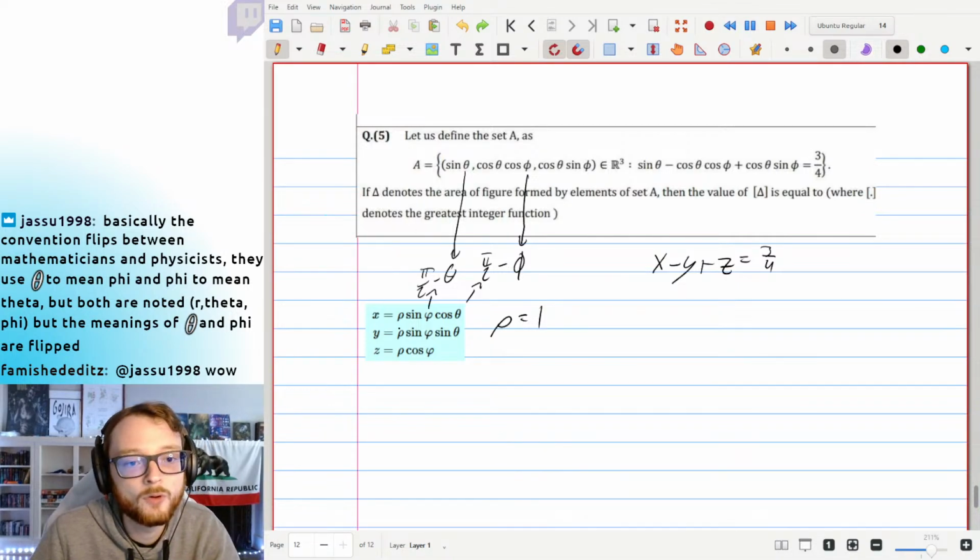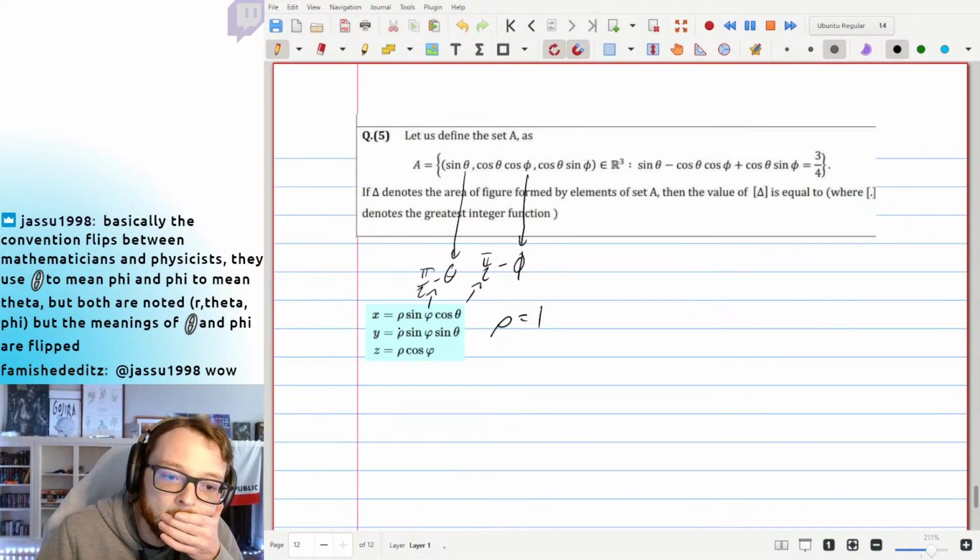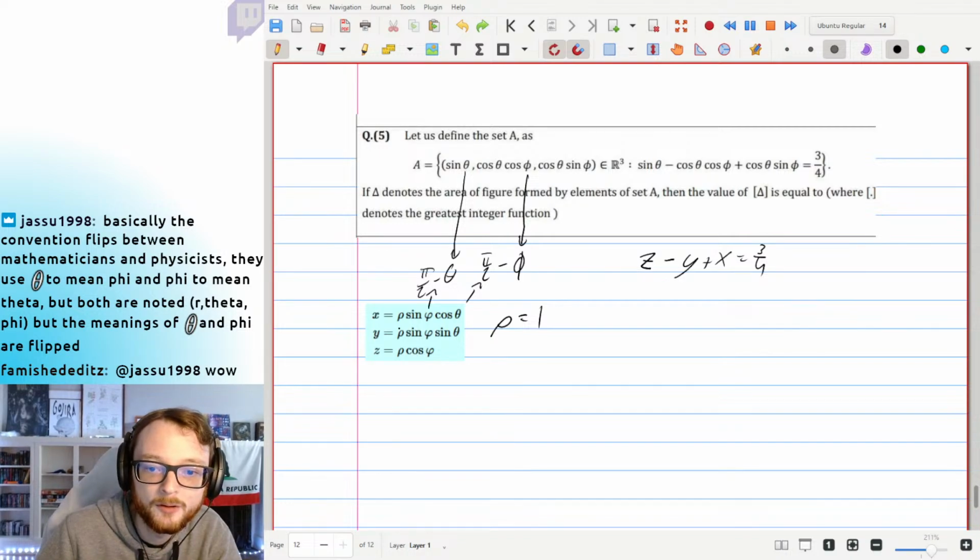And so it actually would be maybe more like z minus y plus x equals 3 over 4. I don't know if this is the right thing to think about, but that's what it would be, based on trying to relate it to spherical coordinates.